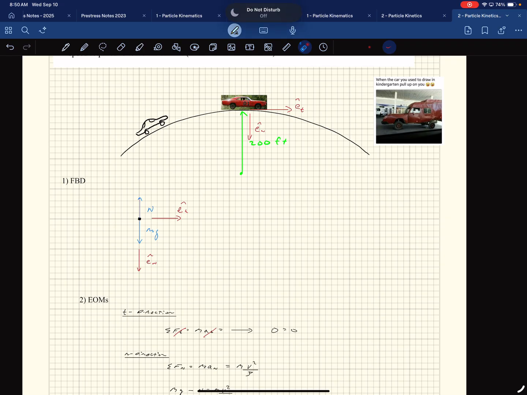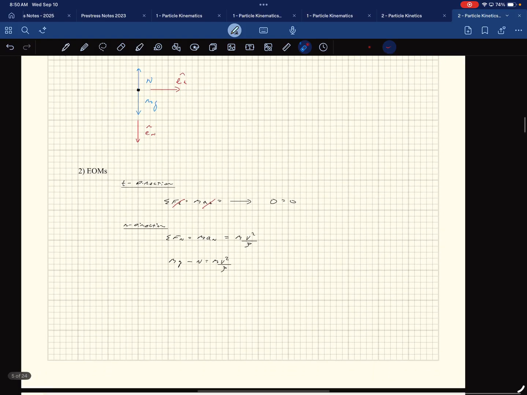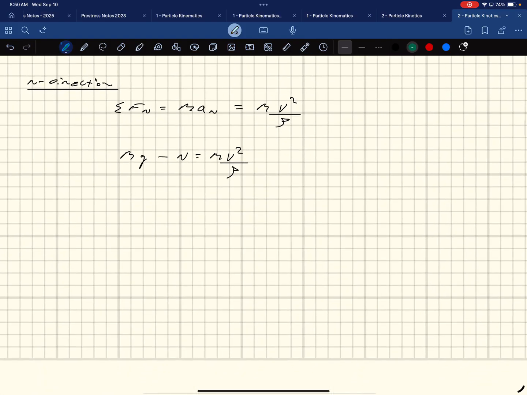Yes, if it was like a roller coaster or something like that. But if the thing's jumping in the air, that normal force is right at the point where it leaves the surface. If I go slower than this, there'll be a normal force. If I go faster than it, there will not be a normal force. And so we find that point where this thing's equal to 0. So we set the normal force equal to 0. That's where it jumps.